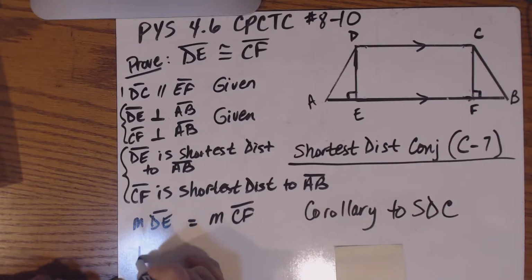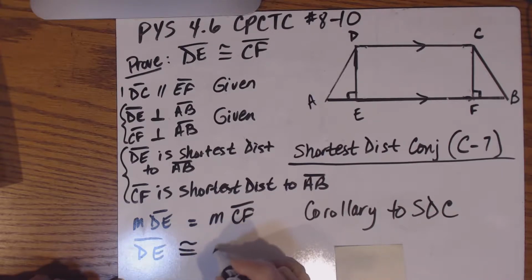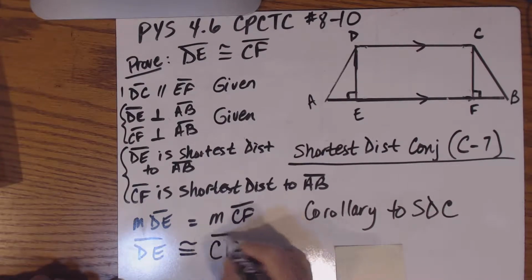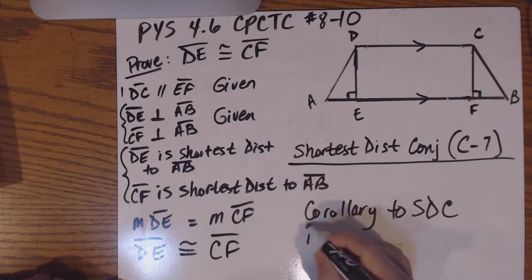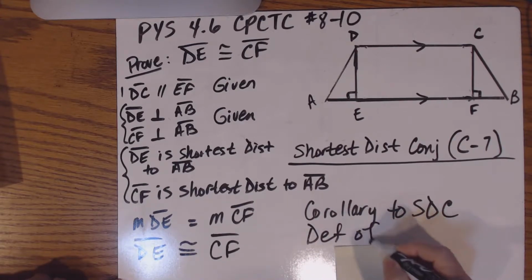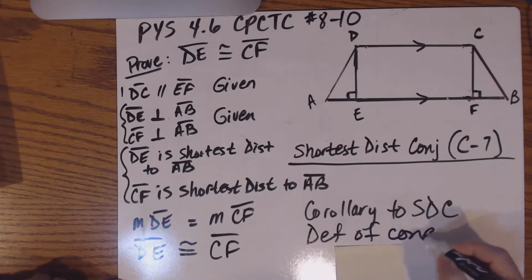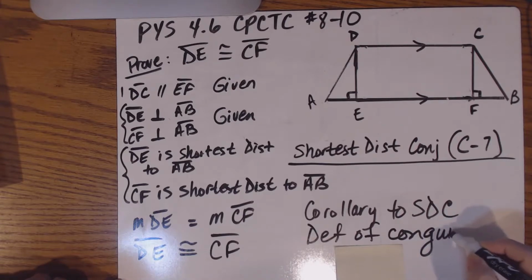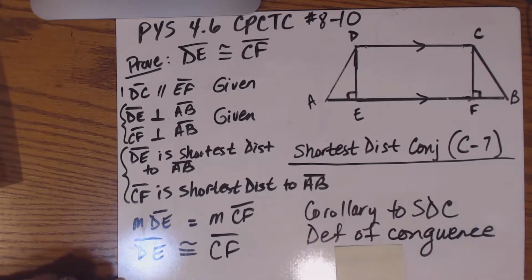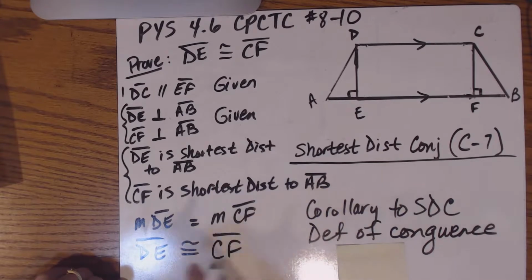And then finally, we can make that statement that DE is congruent to CF by the definition of congruence. The definition of congruence says that if the measures of two segments are the same, then they are congruent, okay?